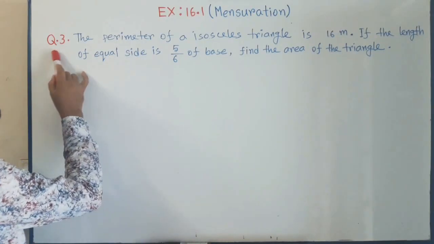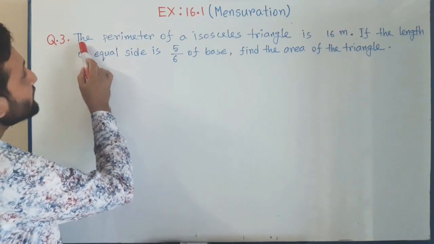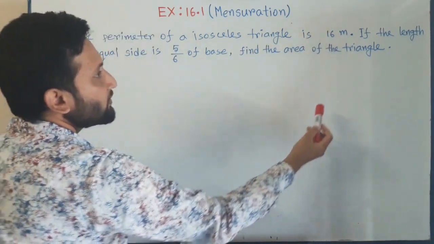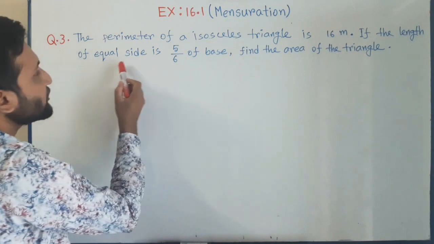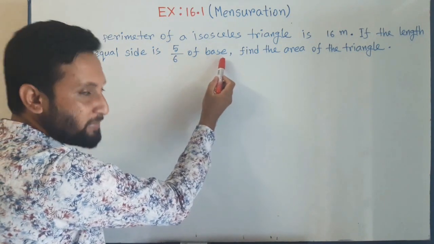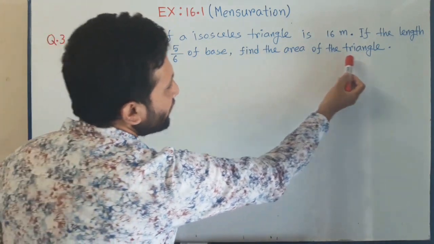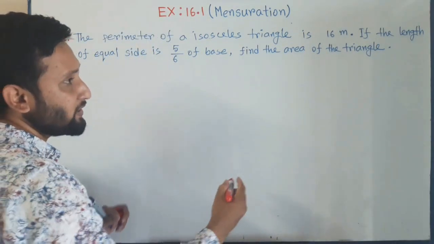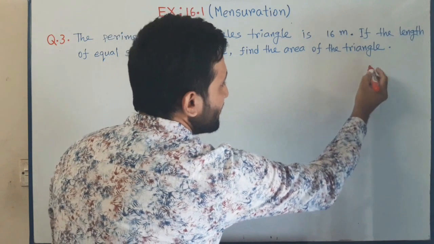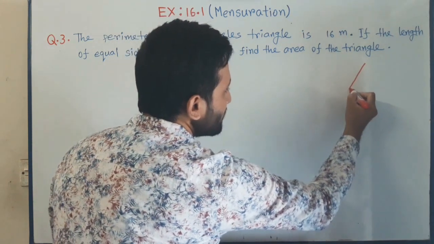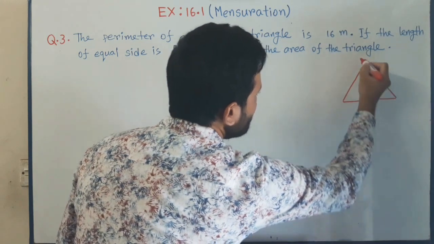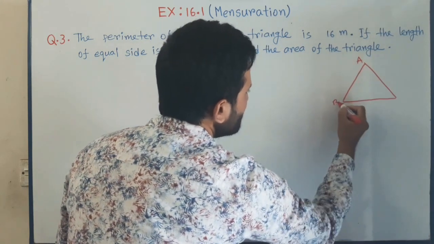Now question 3. The question is, the perimeter of an isosceles triangle is 16 meter. If the length of the equal side is 5 by 6 of the base, find the area of the triangle. So to solve this question, at first draw a figure. Suppose ABC is like that. This is an isosceles triangle, and mark this as ABC.